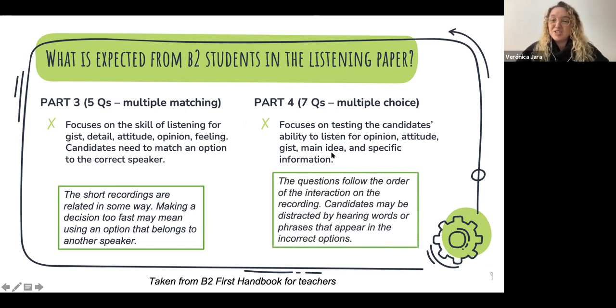And of course, the biggest challenge here is, again, being distracted by words or phrases that appear in the incorrect options. And something that I know you know, but it's important to tell students, is that the questions always follow the order of the interaction on the recording, right? That's very important as well.